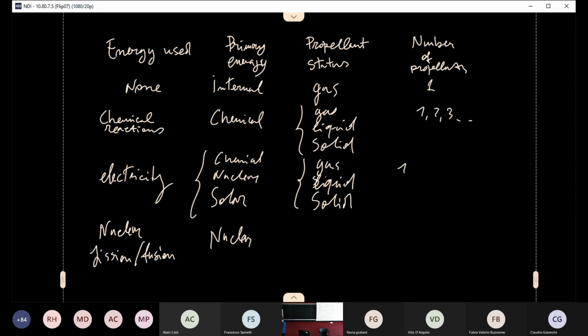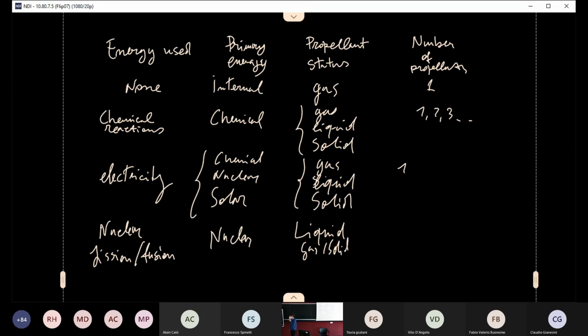So here, typically, we consider liquid, but it can also be gas or solid. Gas is already in gas phase, but it will be difficult to cool a nuclear reactor with a gas.